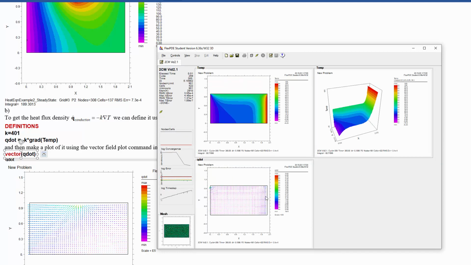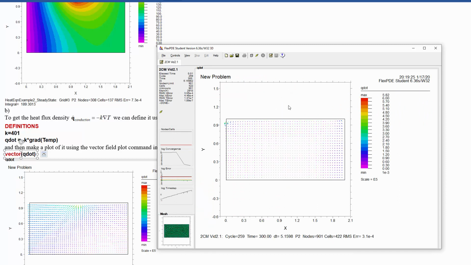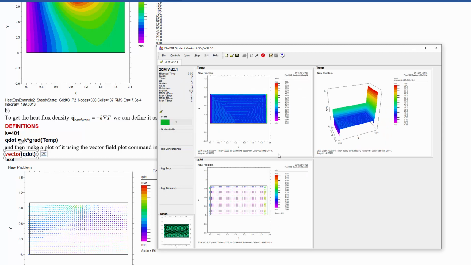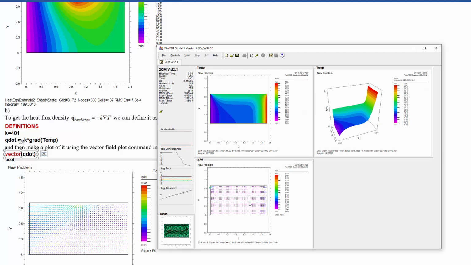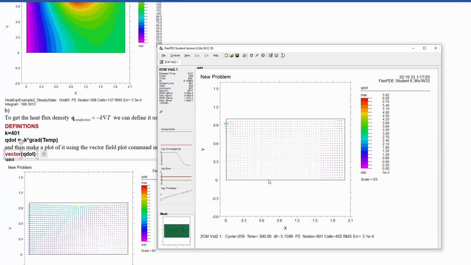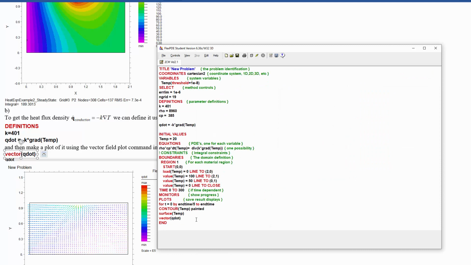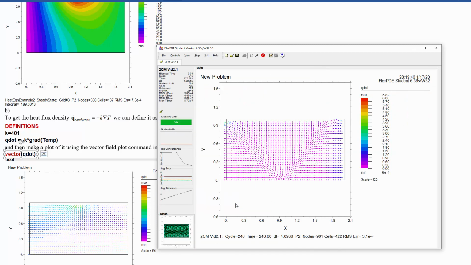Okay, so here we start off with very large heat flux density near the edges, and then in time it starts to spread out through the region here. It's difficult to see which way the vectors point in the middle, so we're going to normalize this with the norm operation there. And now we can see which way heat is flowing in this object.